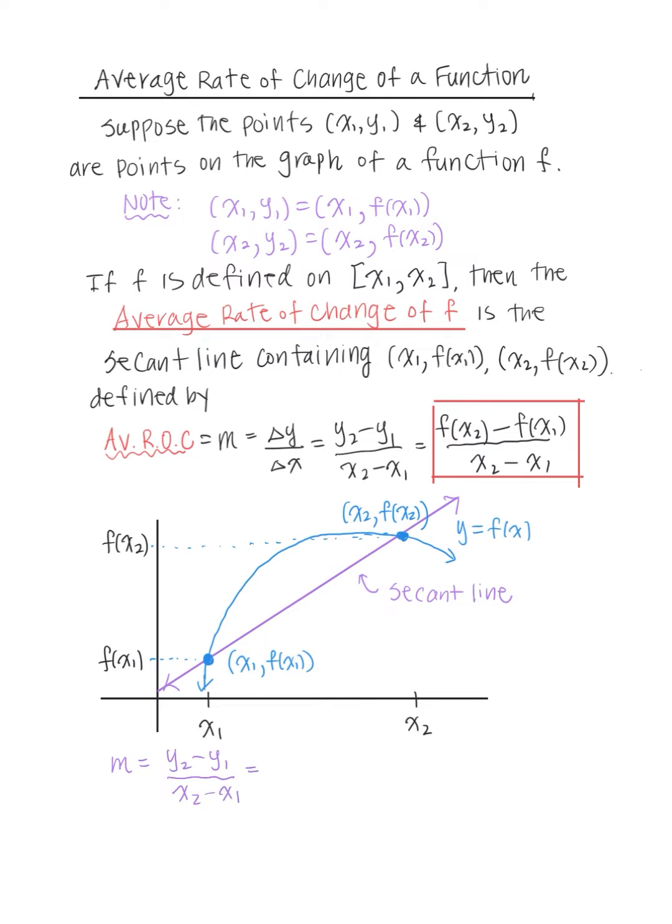So pretend this is your x1, y1, and then x2, and then y2. If I follow that, then we're going to get f of x2 minus f of x1, whole thing divided by x2 minus x1. So this is nothing but the slope of our secant line, isn't it?